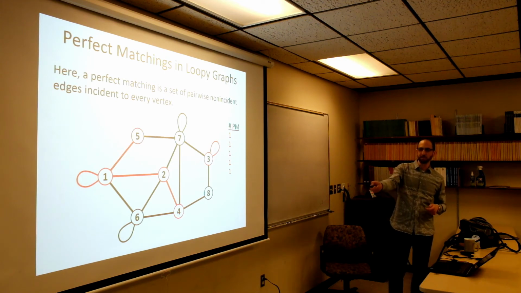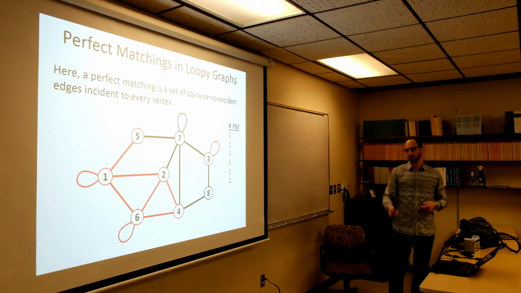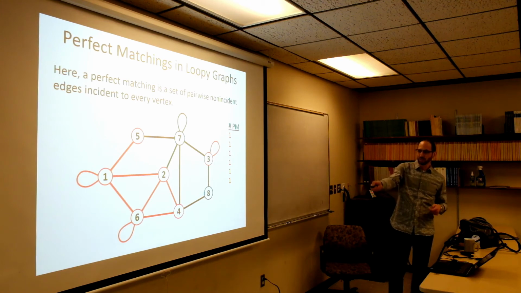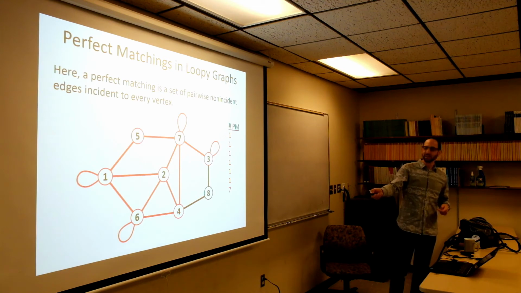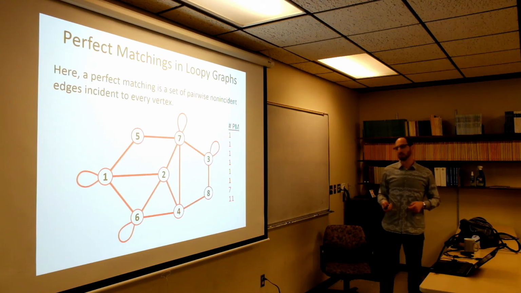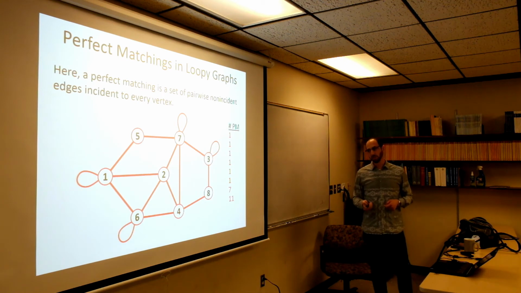Still there's only 1 when you added 5 because now you have to use 1, 5, 2, 4 and the loop at 3. Still there's only 1 because, well, it's harder to see now. I guess you have to use 1, 5, and 2, 4, the loop at 6 and the loop at 3. And now, okay, finally there's more than 1, but it's an odd number, right? And then there's an odd number also in the whole graph. There's 11 of them. Not so obvious by inspection.